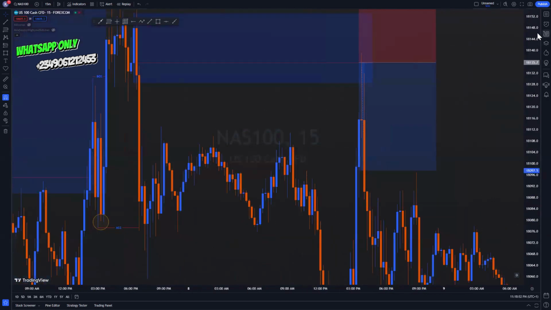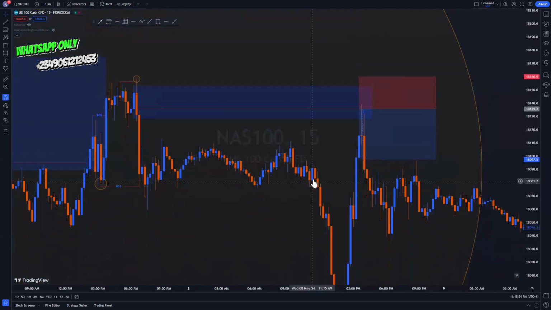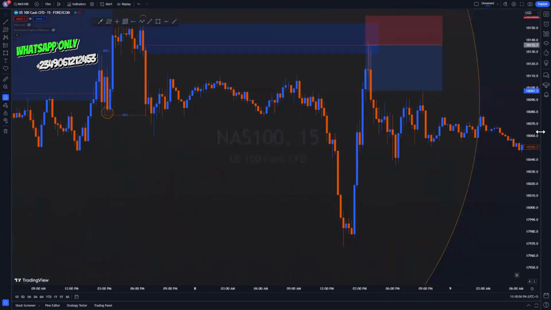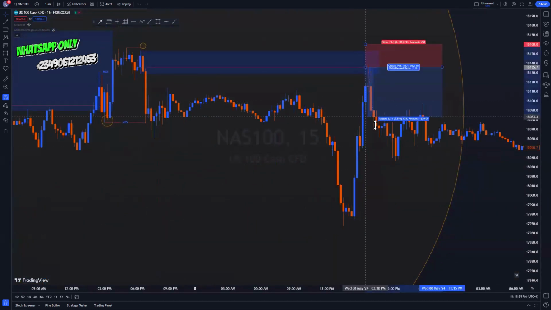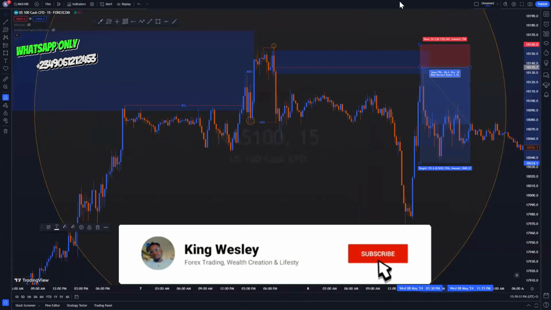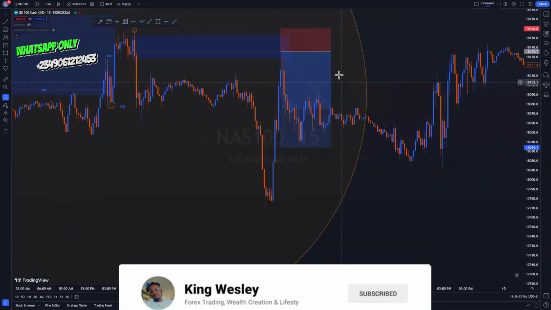Now with this strategy, I'm going to advise you stick to a 1 to 3 risk to reward ratio. If you're aiming at 1 to 3 risk to reward ratio, you're going to have something like this. You're even good this way. Having captured something like this, you are good.